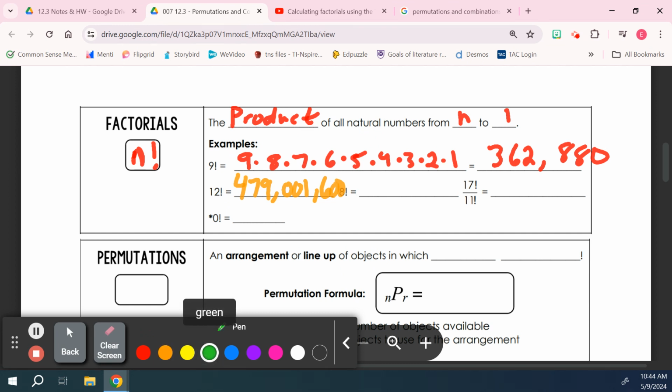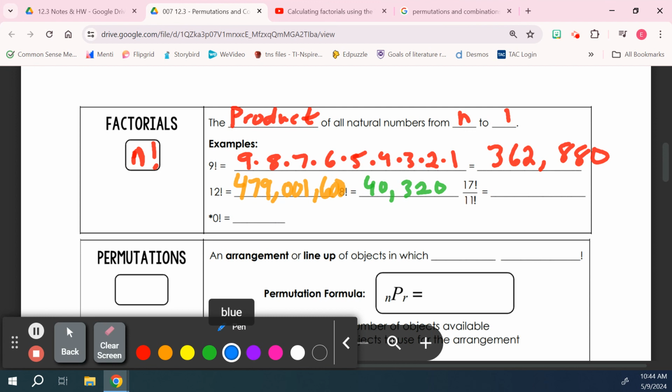Very good. Now, who's got 7 factorial over 11 factorial? Anybody? It's a big number. It's not as big as 12 factorial, but it's a bigger number.